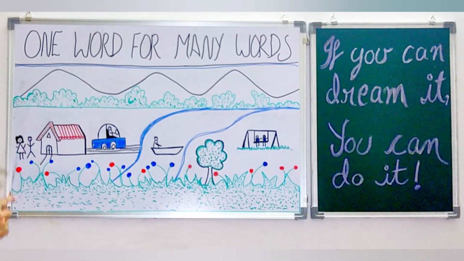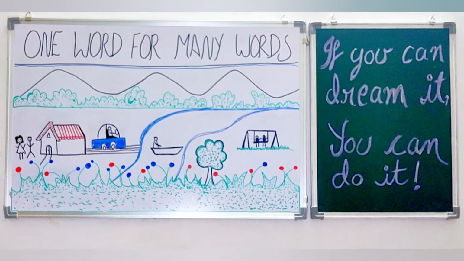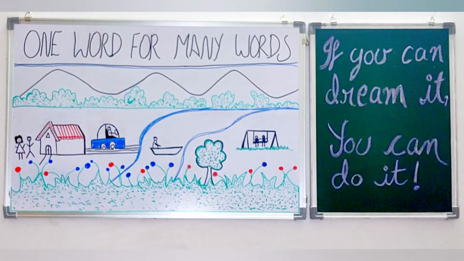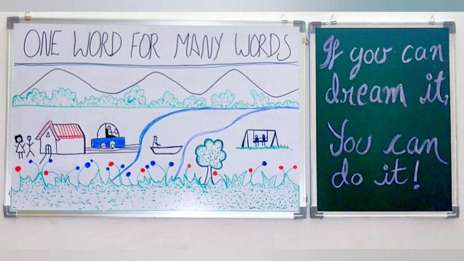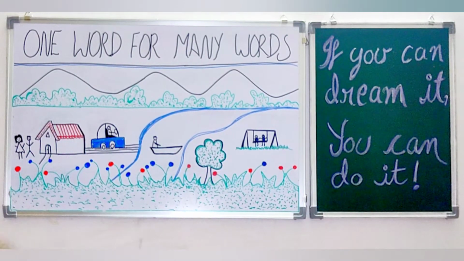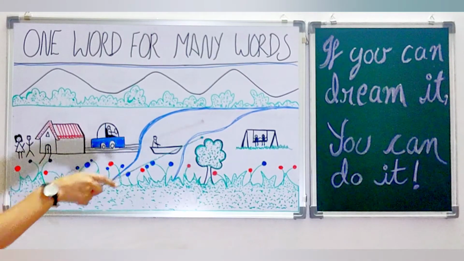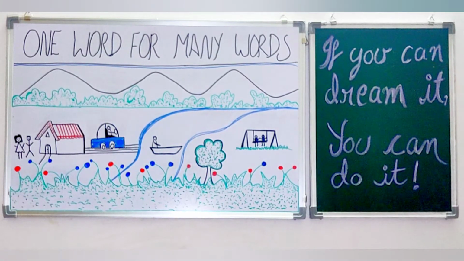So children, can you see this scenery? I am sure you all are going to like it because you have favorite things in it. So your favorite things are car, house, boat, swing, and many more, right?